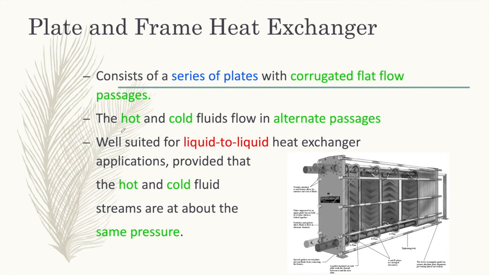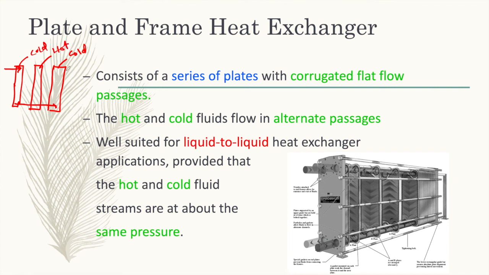So the hot and cold fluid in alternate passages, so we have this plate and then another plate. So in alternate, the first plate is cold and then this inserts to this area, and then this cold area will transfer to this third, because this is also cold and this is hot.